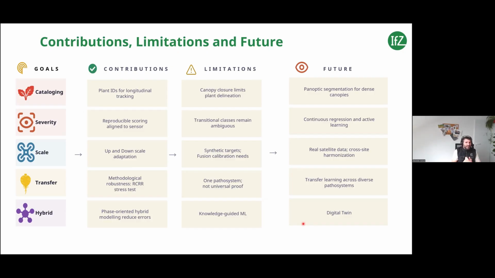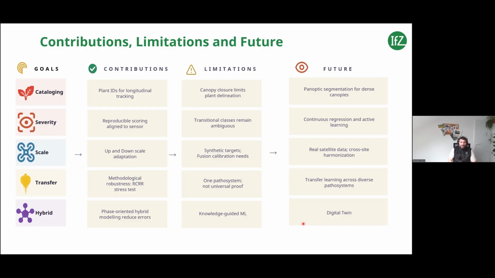This knowledge-guided machine learning was not fully mechanistic or causal. The next step is testing different or more robust hybridation, and maybe in the future trying to get hybrid digital twins of that.